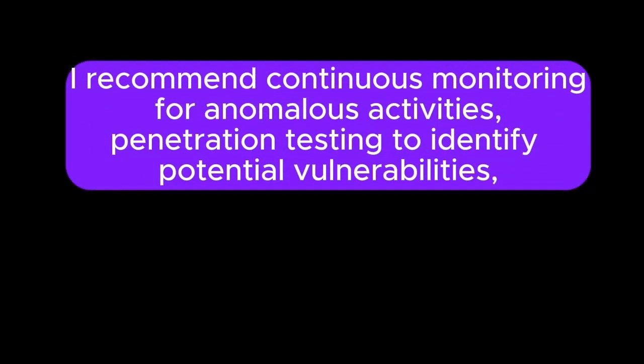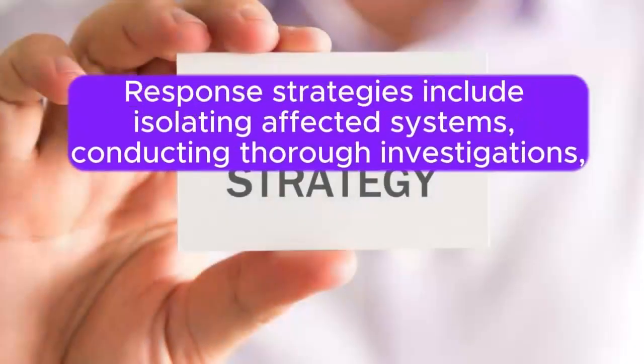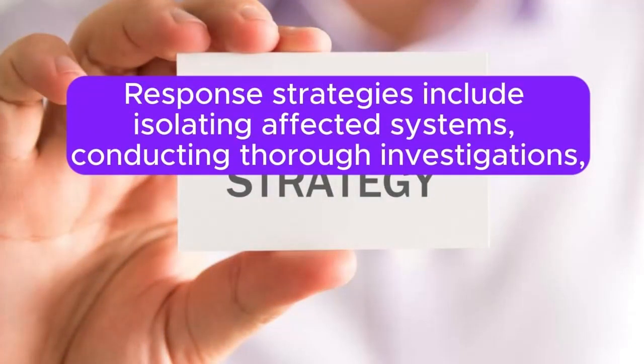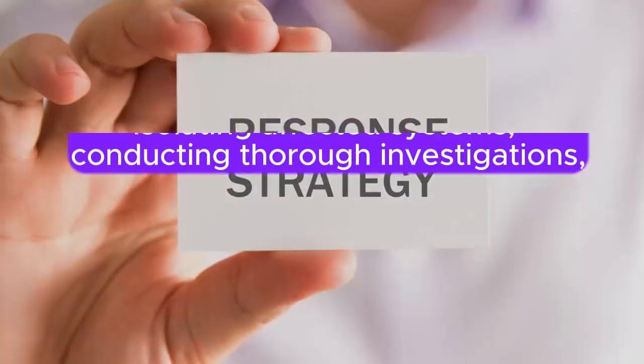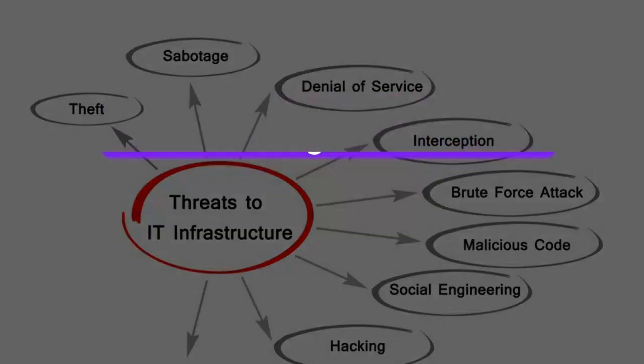I recommend continuous monitoring for anomalous activities, penetration testing to identify potential vulnerabilities, and leveraging machine learning and behavioral analytics to detect subtle indicators of compromise. Response strategies include isolating affected systems, conducting thorough investigations, and collaborating with external threat intelligence sources.